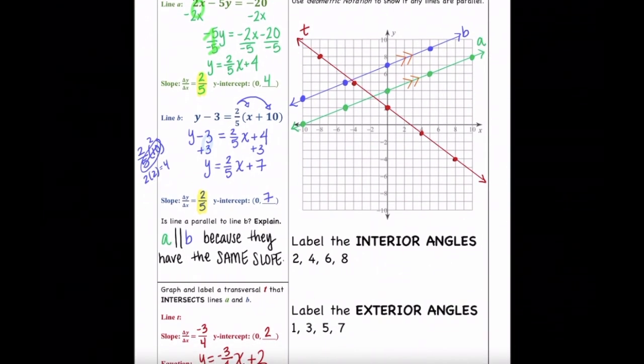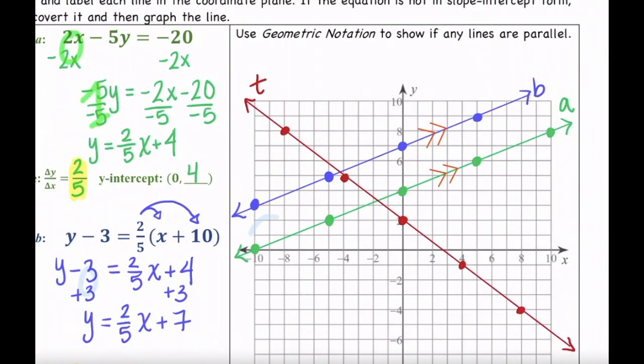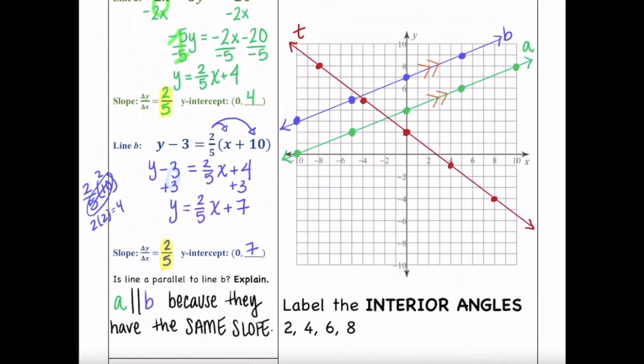Last thing in this exploration, we are asked to label the interior and exterior angles. Easy peasy. So again, think of those two parallel lines as forming a river, and that transversal is like a bridge. So any angles inside of the river are interior, and any angles outside on the river bank are in the exterior. So we're going to label our interior angles 2, 4, 6, and 8.